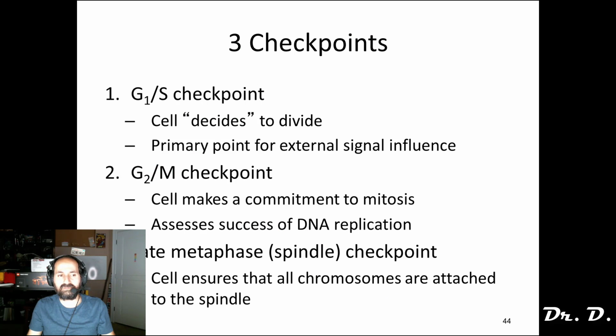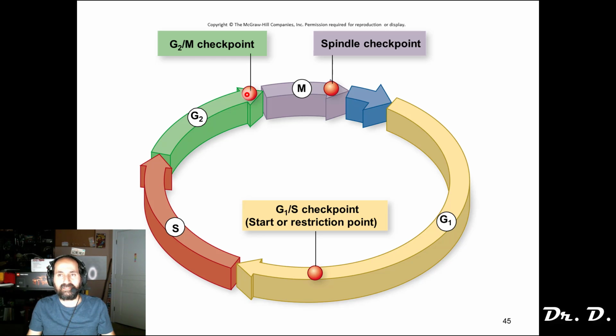That's when the cell stops itself and double checks that the DNA was copied correctly during synthesis phase. If the DNA was correctly replicated, you proceed into mitosis, or M phase.